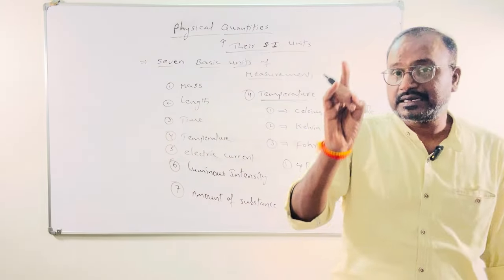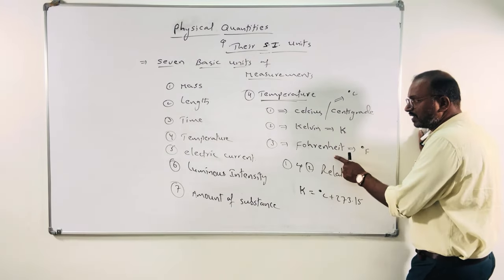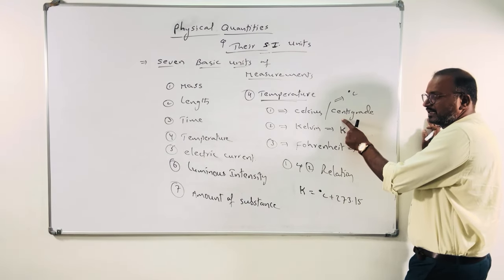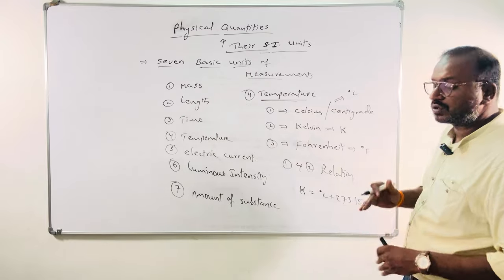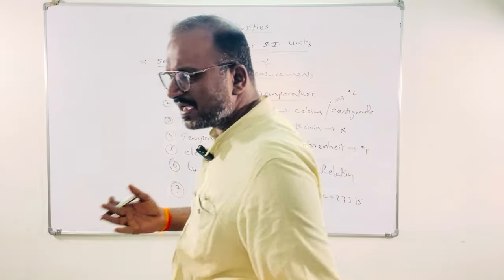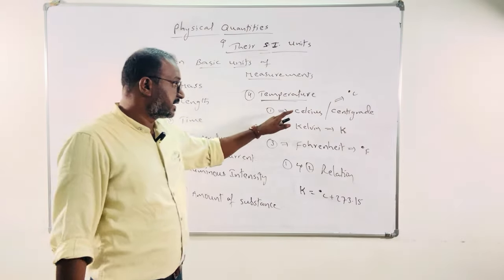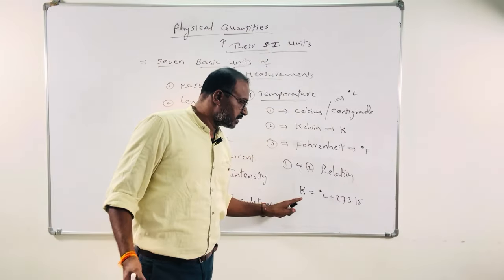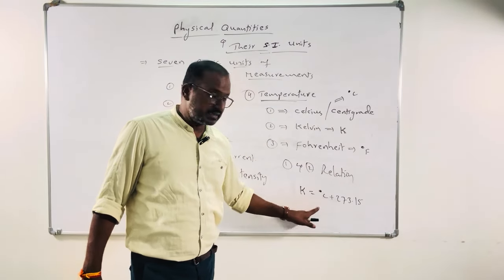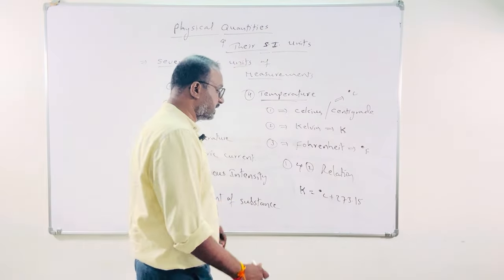So temperature must be in Kelvin, whether given in Fahrenheit, centigrade or Kelvin. Whatever units are given, first convert into Kelvin. If given directly in Kelvin, no need to convert. But if given in degrees, mostly degree centigrade, you must convert into Kelvin by adding 273.15.